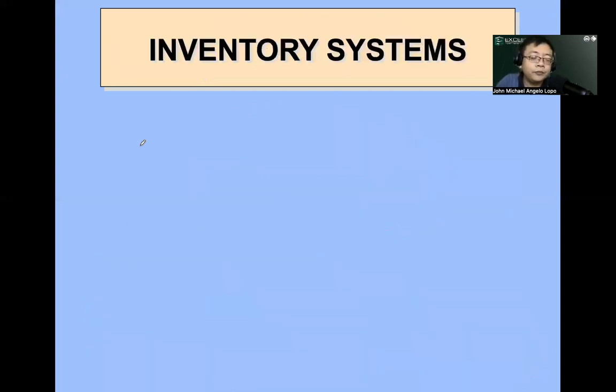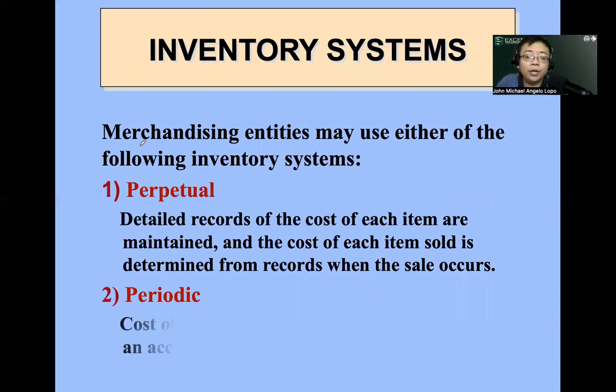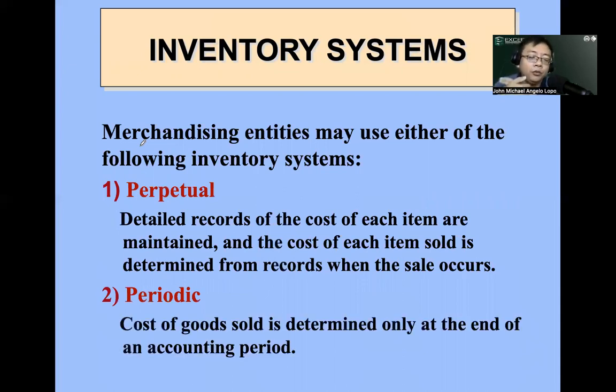There are also what you call inventory systems. So you have what you call perpetual. We're talking here about cost of goods sold already. Merchandising entities may use either of the following inventory systems: the perpetual inventory system and the periodic inventory system. What is the difference between perpetual and periodic?